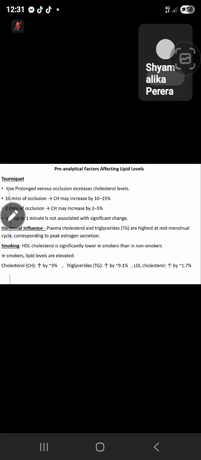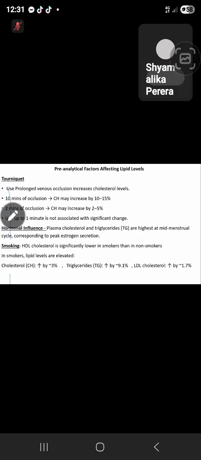Then hormonal influences, plasma cholesterol and triglyceride are highest at mid-menstrual cycle, corresponding to peak estrogen secretion. So when you are collecting blood and interpreting the results, you should consider these things. Then smoking, HDL cholesterol is significantly lower in smokers than in non-smokers.